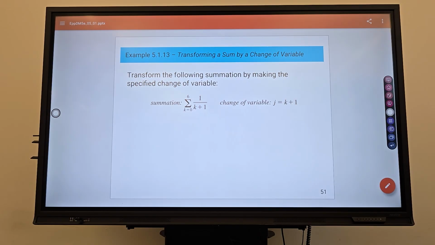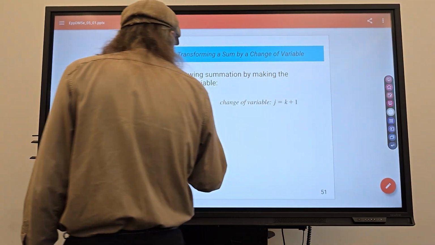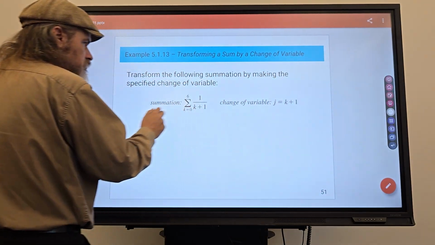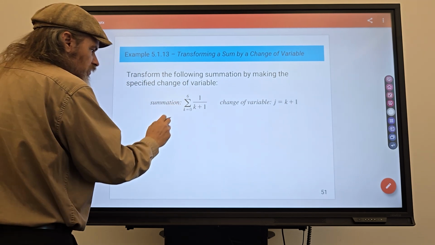Transform the following summation by making the specified change of variable. Change the variable from k to j, where j is k plus 1. So you would change the range.